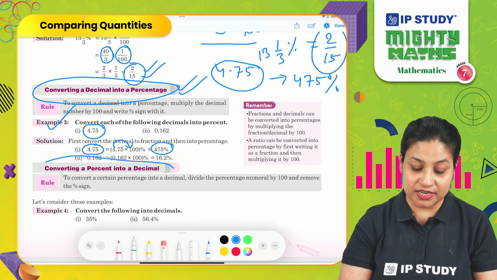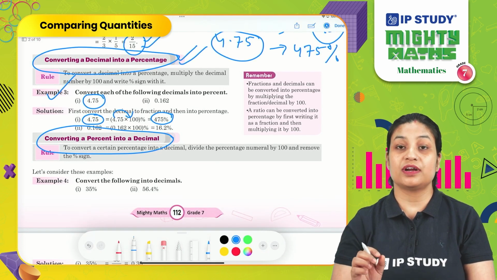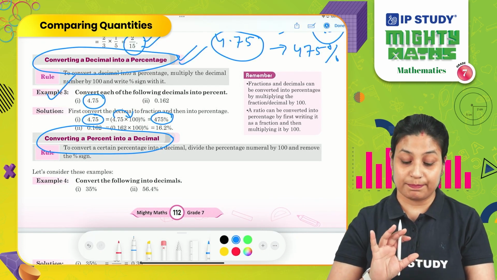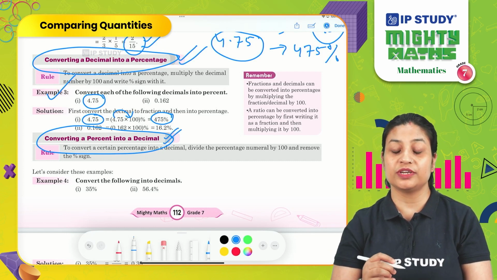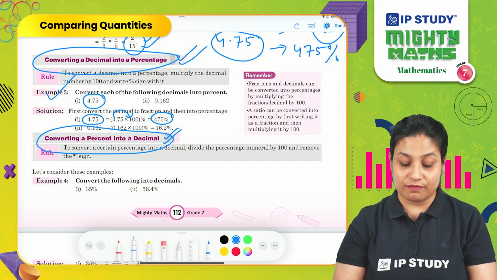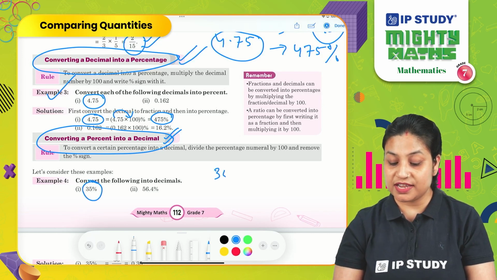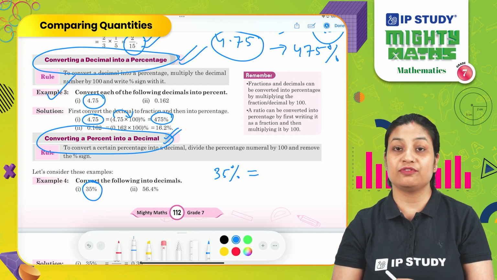Here we are doing it just reverse of what we have done just now. So here we are converting a percentage into a decimal number. So what we are going to do here? It's very easy, dear student. The rule says whatever percentage number is given to you, first of all, just convert it into fraction.